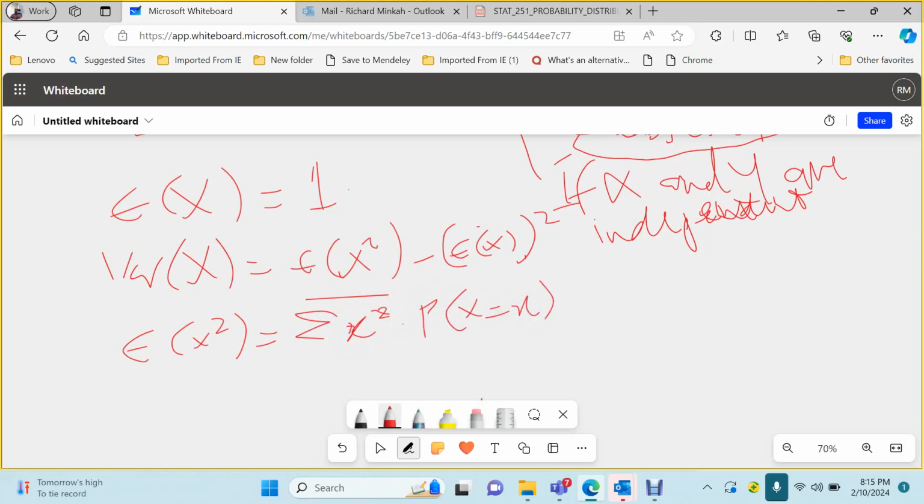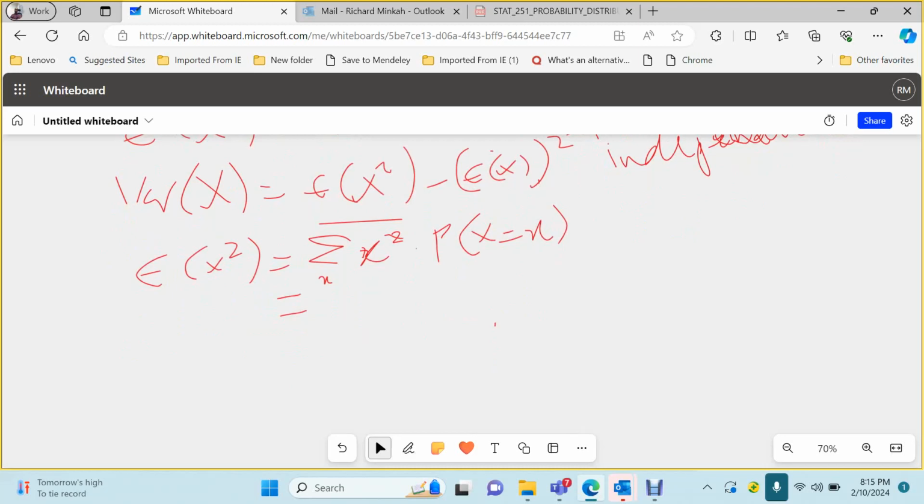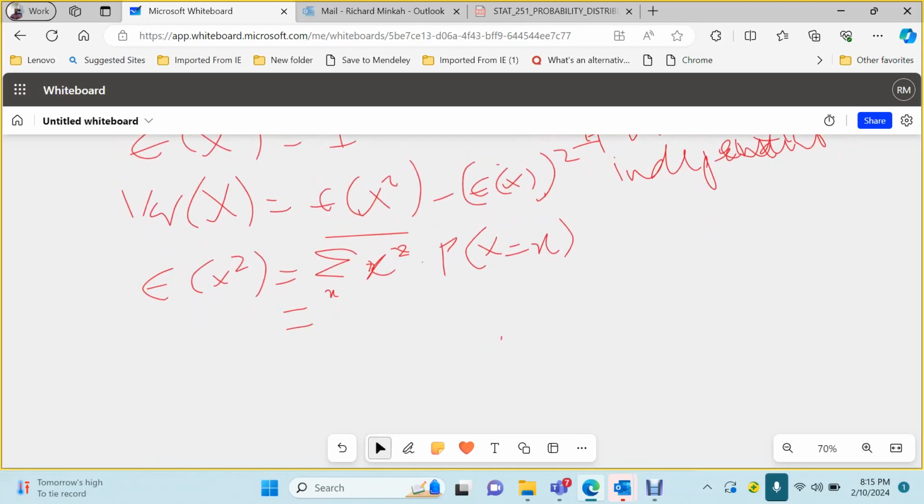Is everybody okay? So I go to the table, and I find x. When x is equal to 0, what is the probability?